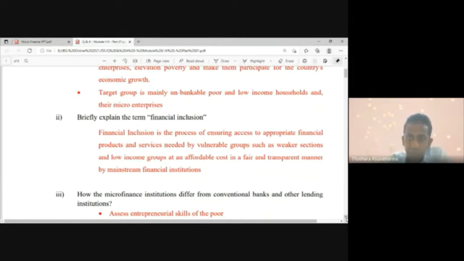Financial inclusion is a new word, that's fine, but what exactly is in this statement? There are 4 key items. You can break it down. What are appropriate products and services? That's one. You can put the icing and all that later, the process of ensuring and so on. But appropriate financial products and services is one.